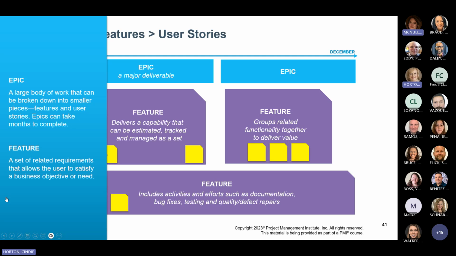Epics serve to organize tasks and create a hierarchy in the development process, and they can span across multiple sprints, teams, and even projects. So think of an epic as a high-level container that breaks down into smaller tasks called features.